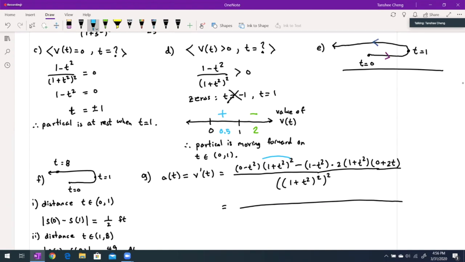On the second term, I also have 1 plus t squared. So I can factor out 1 plus t squared and reduce with one of the denominator parts. Originally, it's supposed to be fourth power, but because we reduced with 1, it will become third power. And then continue simplifying on the numerator, right?